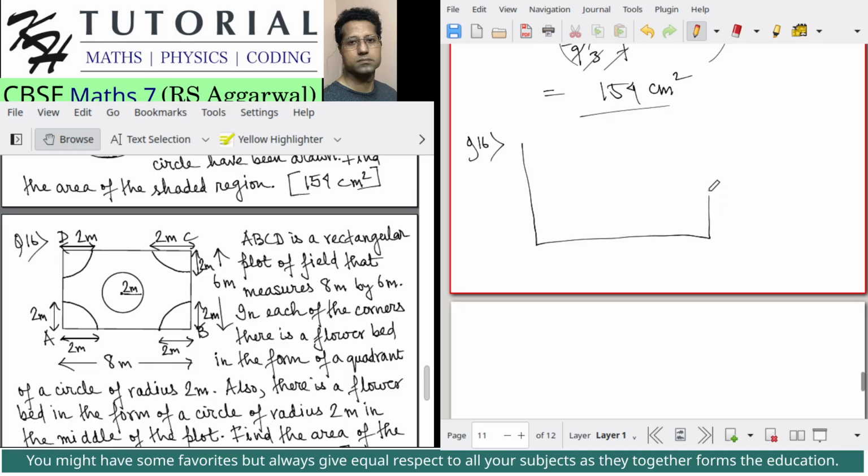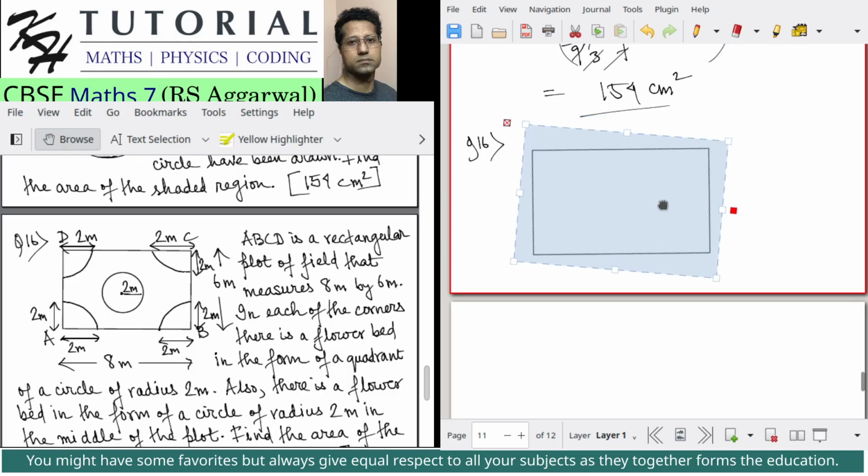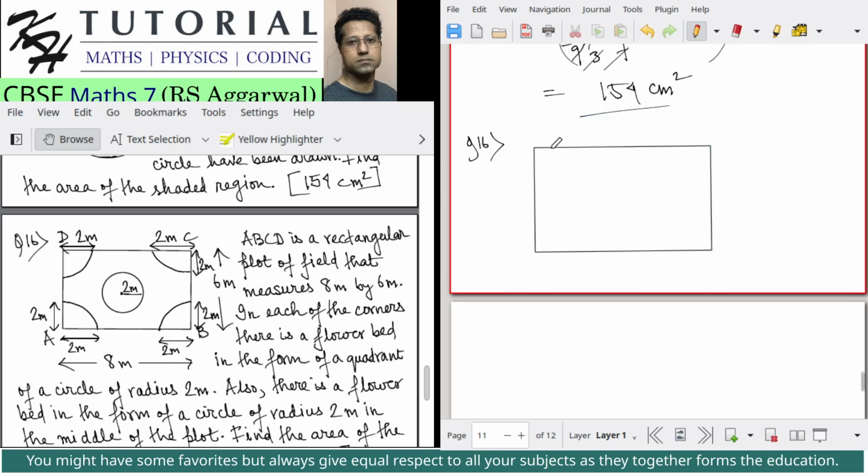So we have a rectangular plot ABCD. This is 8 meter, and this is 6 meter.